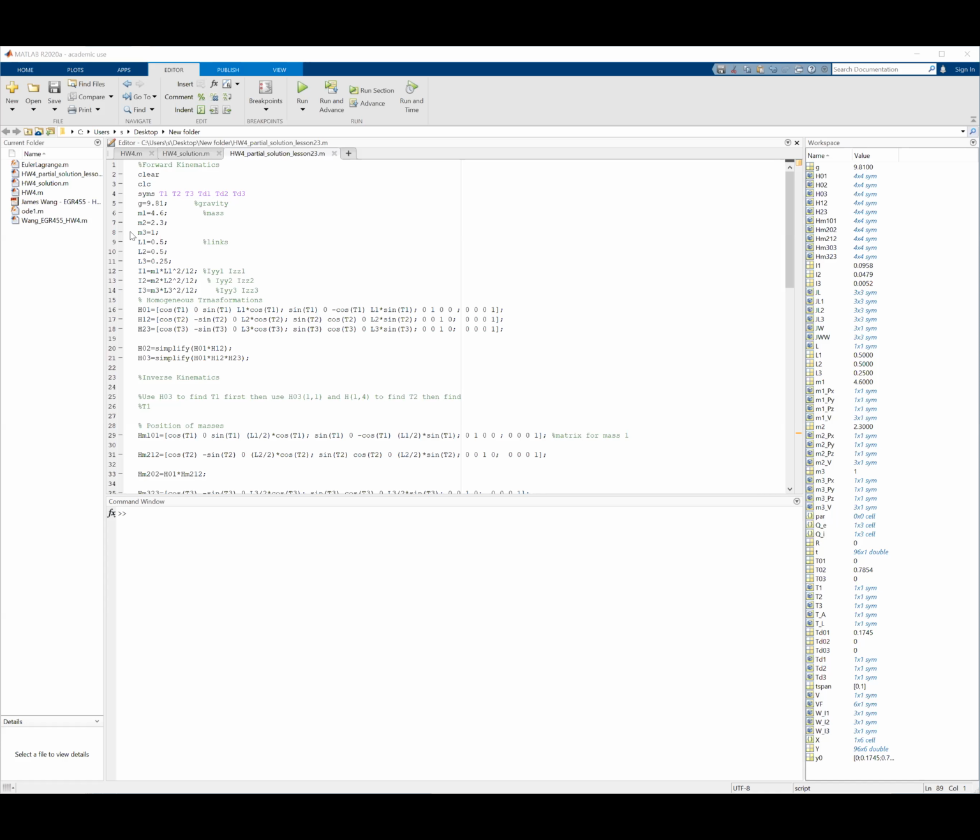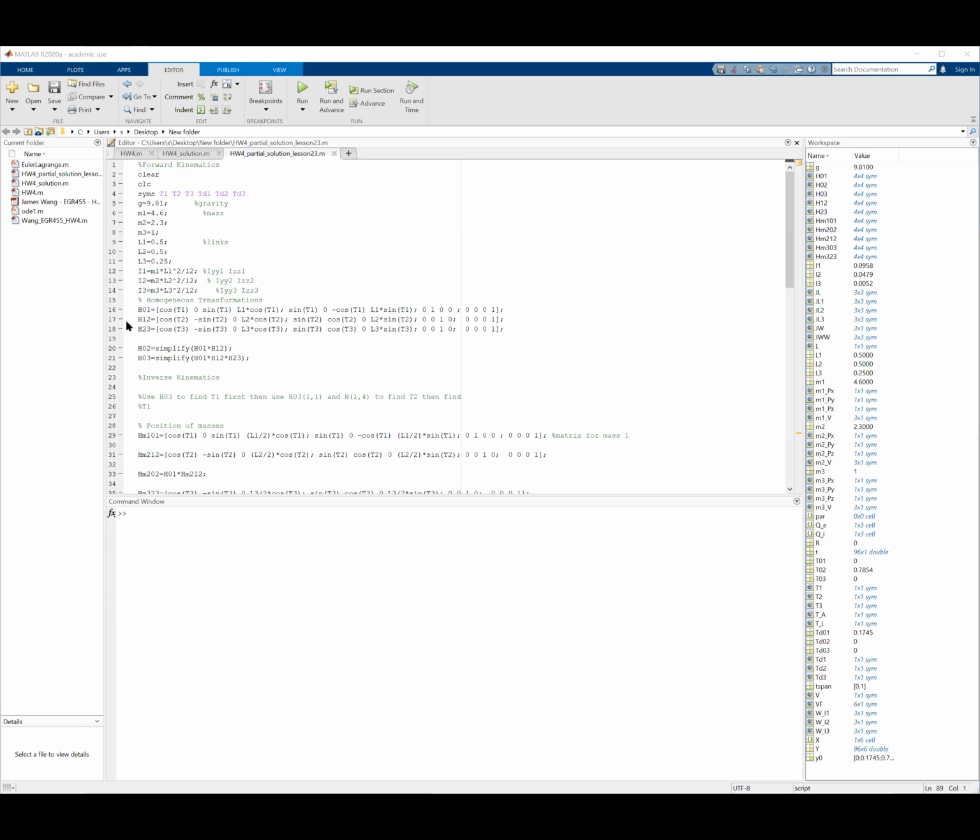Line number 5 to line number 11, we are defining the masses m1, m2, m3, and gravitational acceleration. Then we are finding I1, I2, I3. Please note I1 is IYY1, IZZ1, with IXX1 being 0. Then I2 is IYY2, IZZ2, and I3 is IYY3, IZZ3.